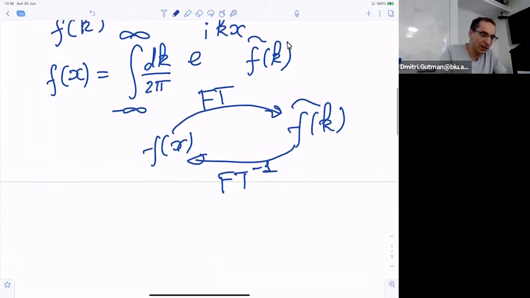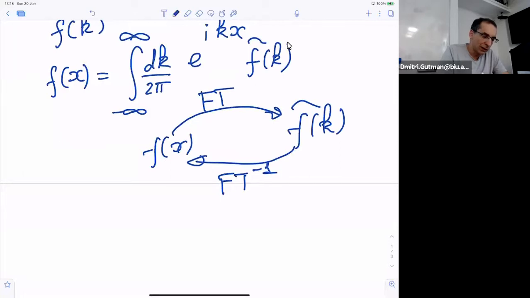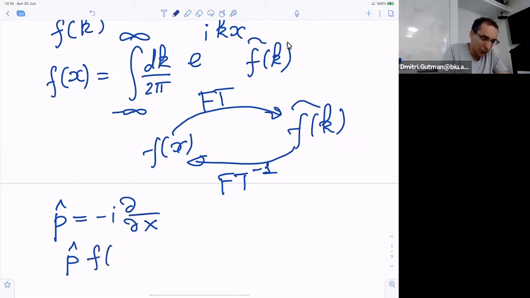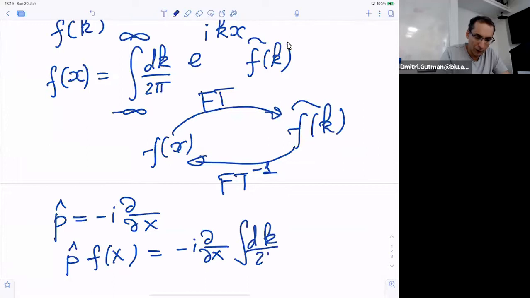Now, why did I define it with this sign? Because in physics we know that in quantum mechanics there is a momentum operator, which you probably did learn, which goes as minus i d over dx. So when you apply the momentum operator to some function of x, it will be minus i d over dx acting on the integral dk over 2 pi e to the power ikx f tilde of k.